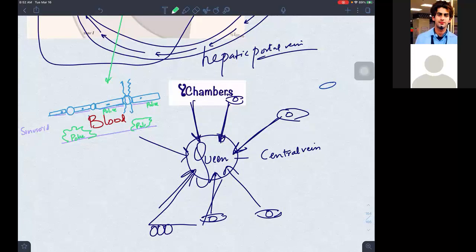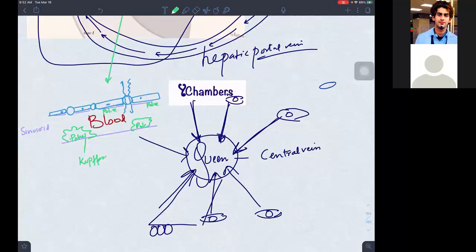Glisson's capsule is a connective tissue of the liver. I will be teaching you in anatomy, so please don't get confused. Kupffer cell is a cell, capsule is a capsule. Kupffer cell is lining these sinusoidal spaces and checking what blood is coming, checking everything.